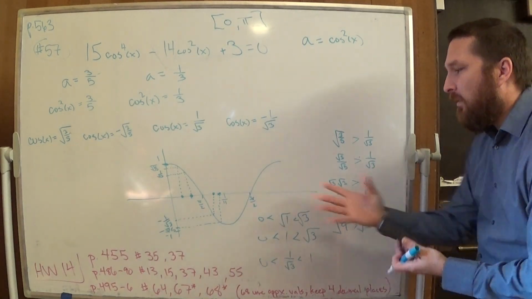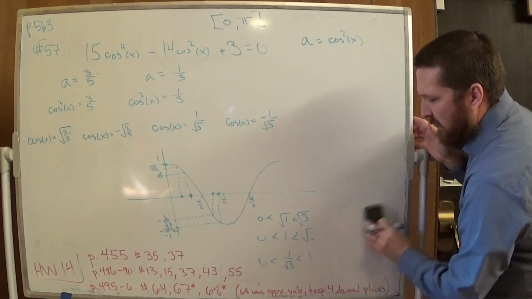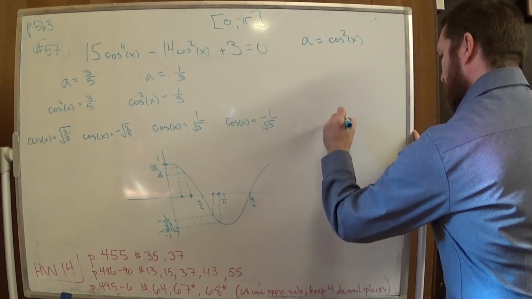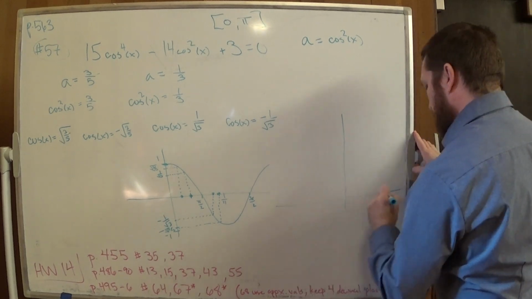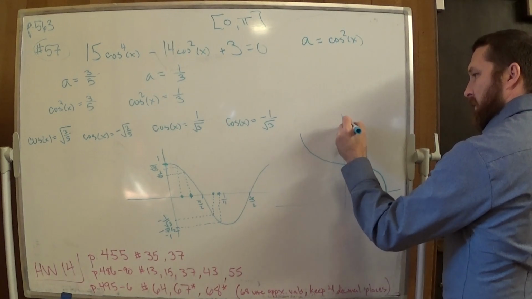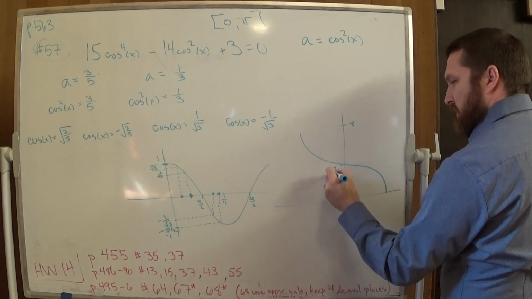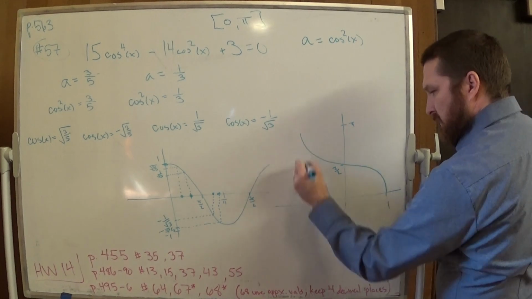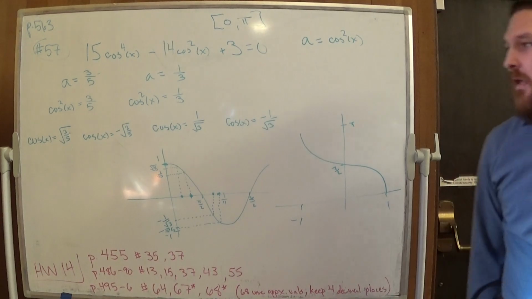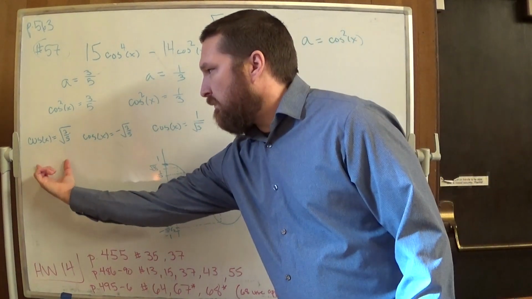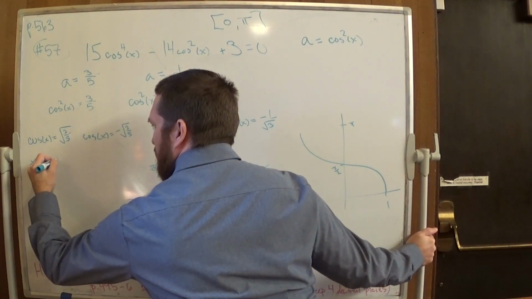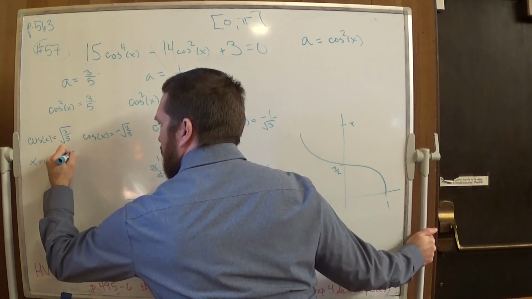Now, another way of thinking about what I've just done conceptually is to think about the graph of arc cos. Arc cos starts here and comes up like that, here at pi, here at pi over 2, up to 1, down to negative 1. If I take arc cos of both sides, I end up with x is equal to arc cos of root 3/5.